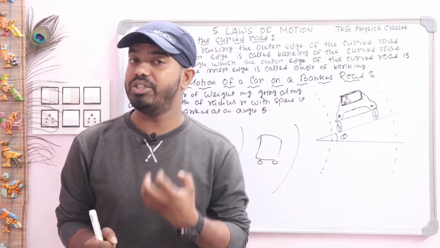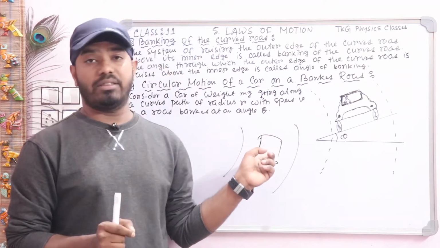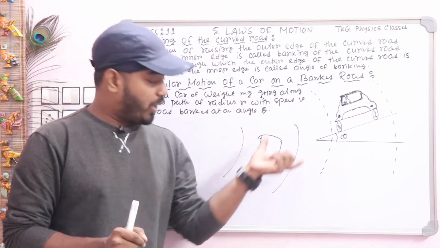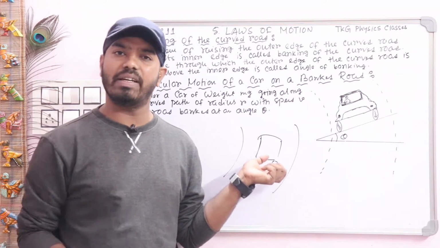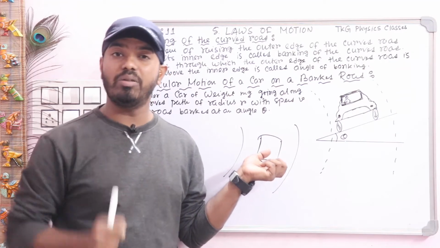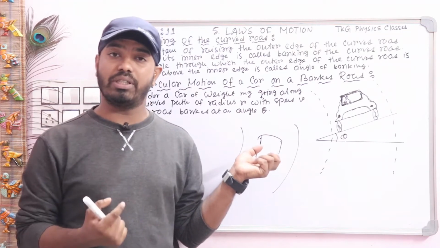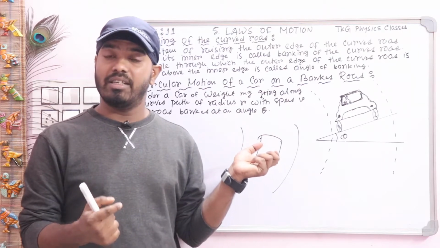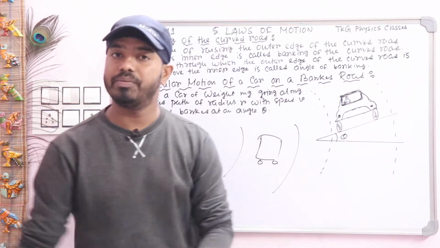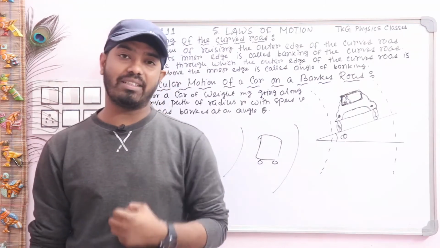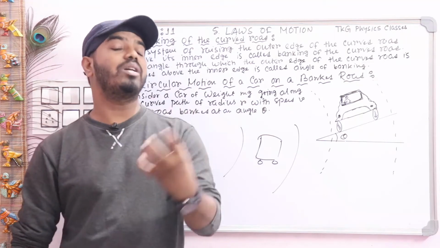But in a non-inertial frame, when you are the observer in the car, you are moving. This is the non-inertial frame. You have acceleration, acceleration is not equal to 0. In that condition, a force arises by which you go outward. This force is known as centrifugal force, and its value is mv square by r.